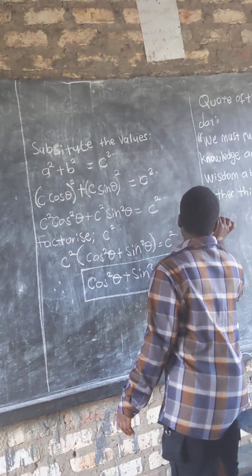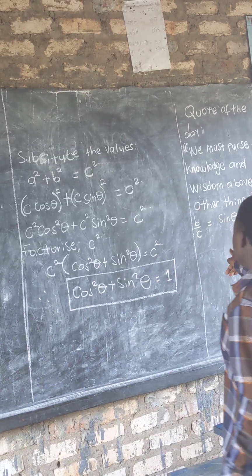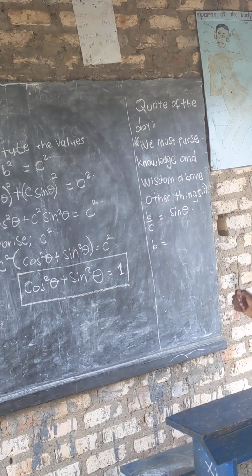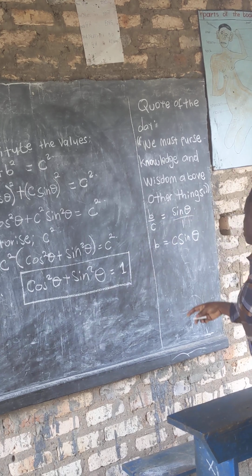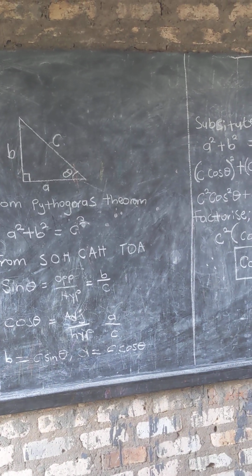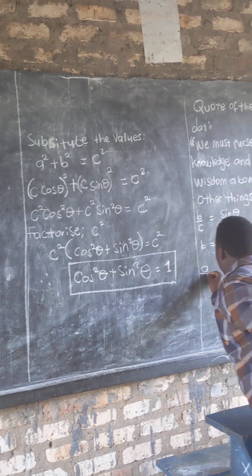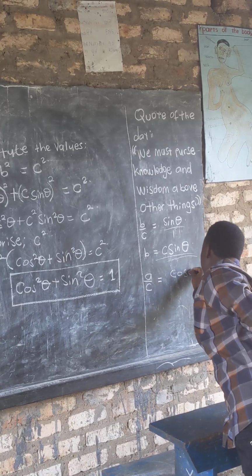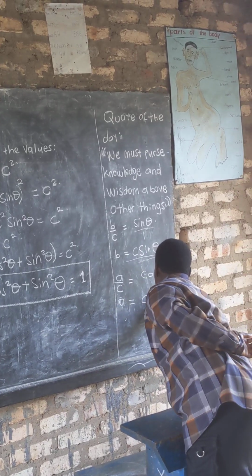We know that b over c equals sine theta, so making b the subject, cross multiplying, gives b equals c sin theta. Since a over c equals cos theta, a equals c cos theta.